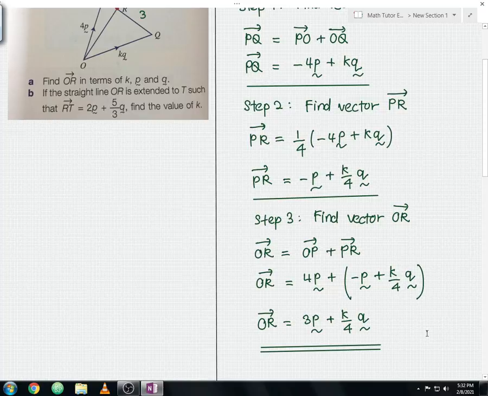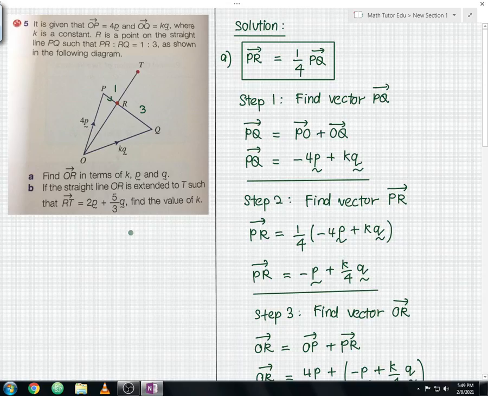So let us proceed with our discussion for question part B now. As you look in the diagram over here, there is a new point, which is point T. Since in the diagram point O, point R, point T are within the same straight line, this condition is known as collinear.